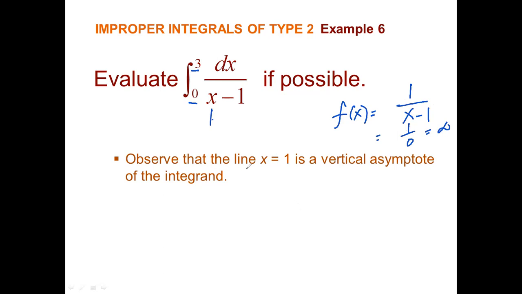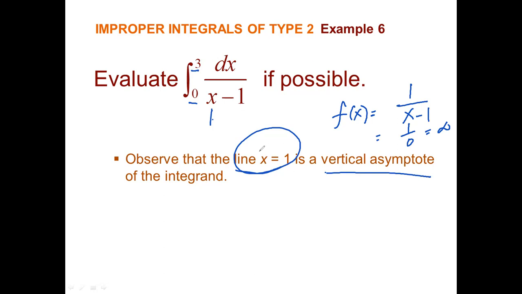So we say that the line x equal to 1 is a vertical asymptote of the original function of your integral dx over x minus 1 integrated from 0 to 3. So it is improper because there is this point of discontinuity.